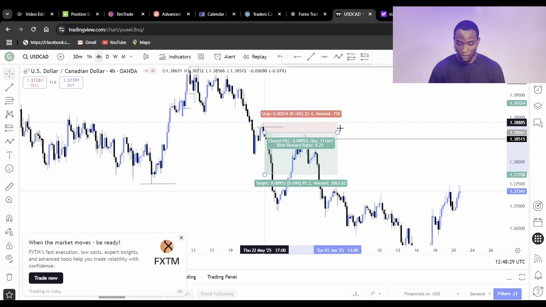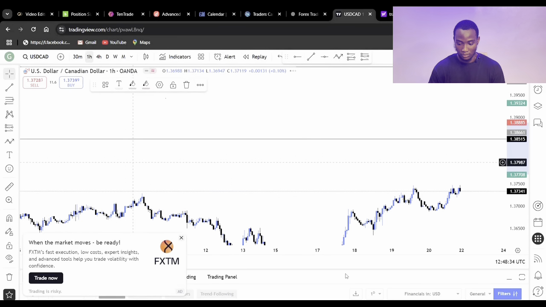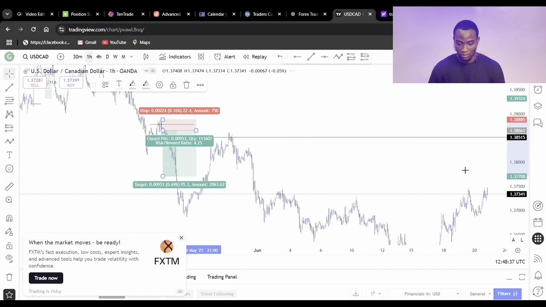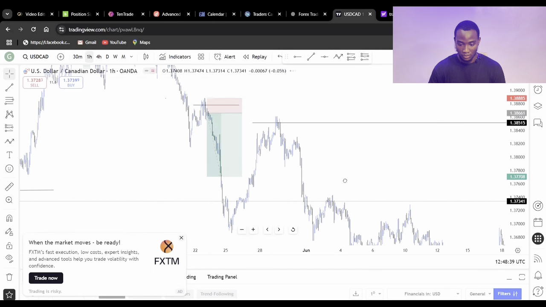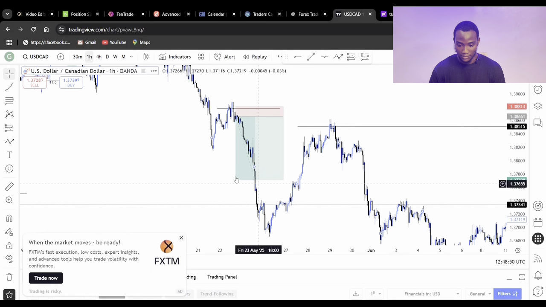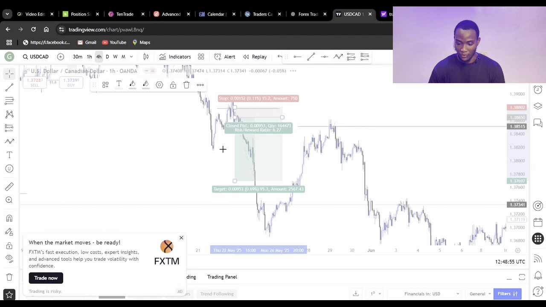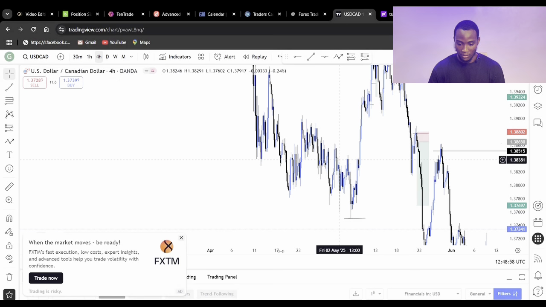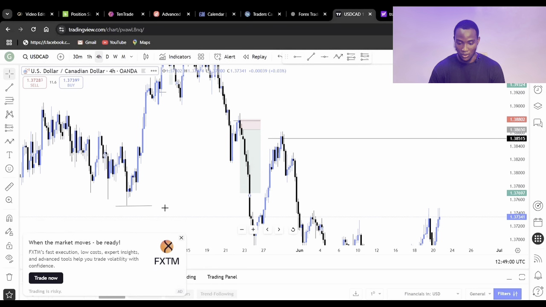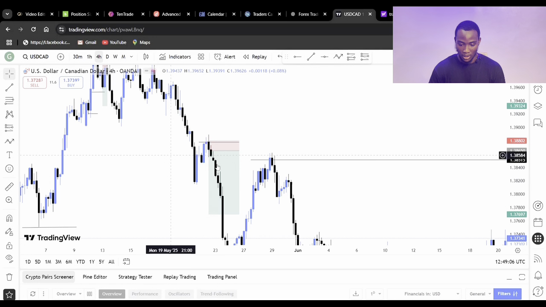So using 15 pip stop loss, we'll be using 15 pip stop loss to target 1:3. So we'll be executing this current trade in the 4 hours time frame. You know, I told you about the time frames you can execute this trade, either the 4 hours or the 1 hour, whichever of them gives us the opportunity to take it.